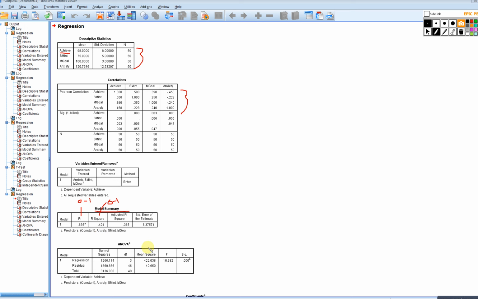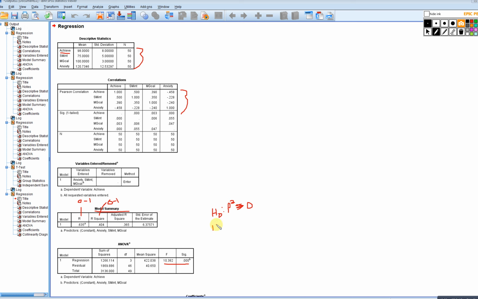Now, can we infer based on our data that the population R square is significantly greater than 0? This is where our significance test comes into play. Here we are testing our null hypothesis that rho squared is equal to 0, meaning that as a set, the predictors explain 0% of the variation in achievement within the population.